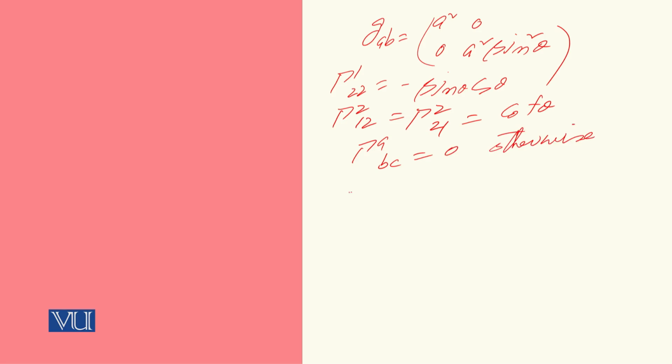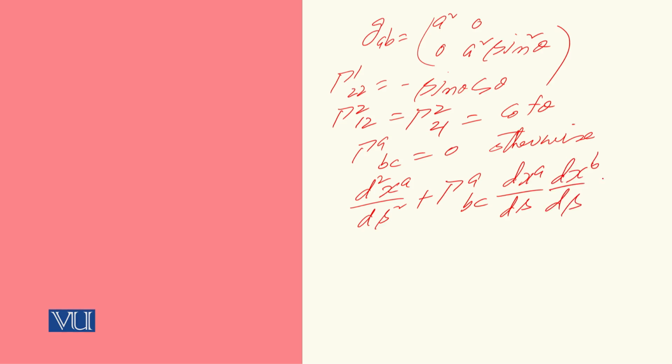Now we know that this is the geodesic equation. We have 2 dimensions, so we need to put values of a only for 1 and 2.